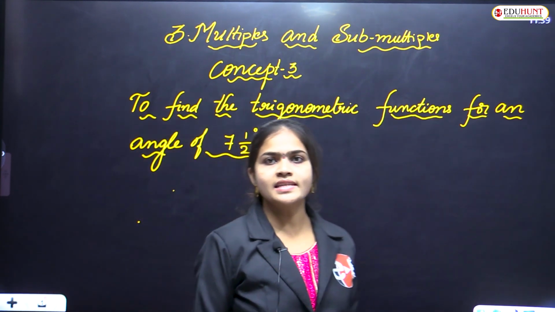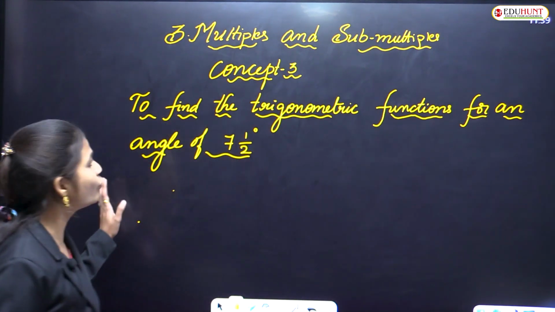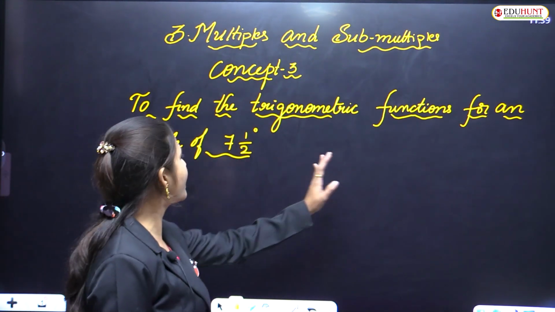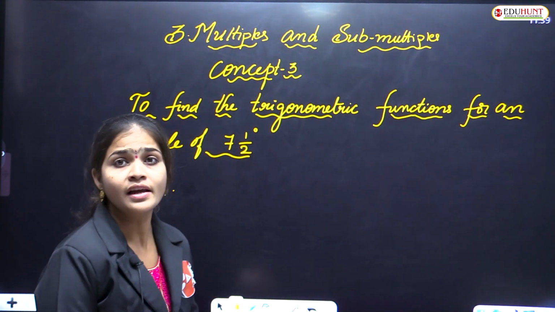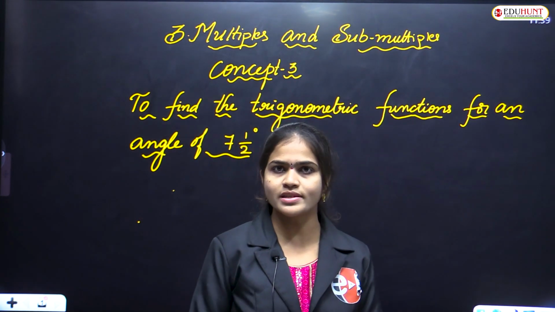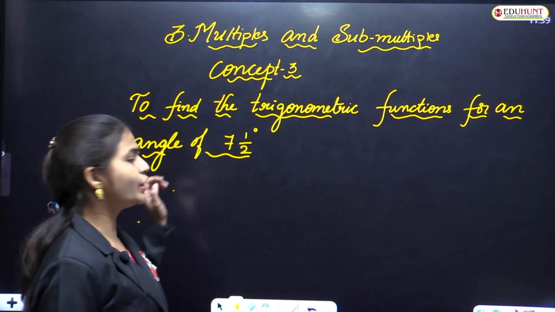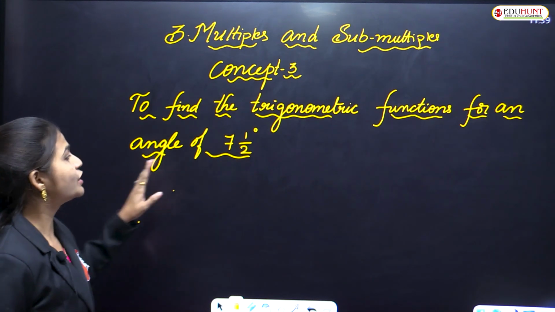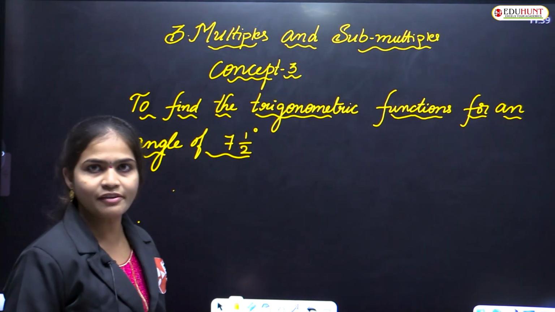Previously we learned them for 18 degrees, 36 degrees, and so on, right? So here we are going to learn the trigonometric functions for an angle of 7.5 degrees.